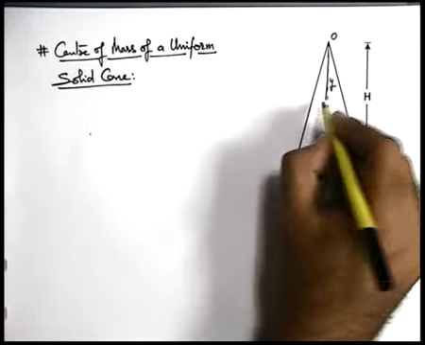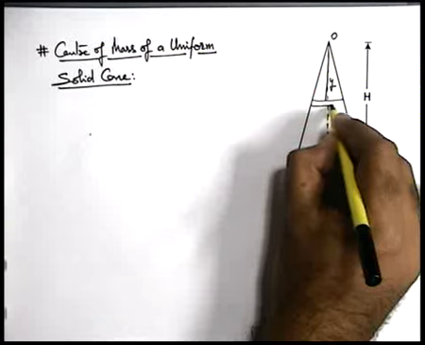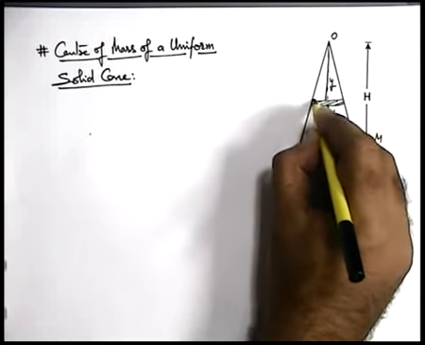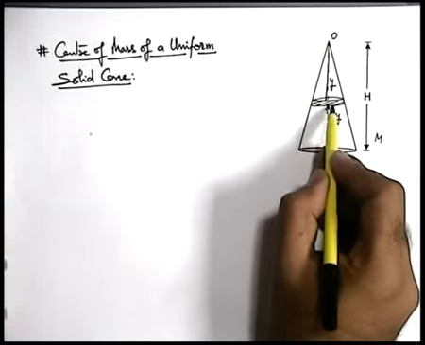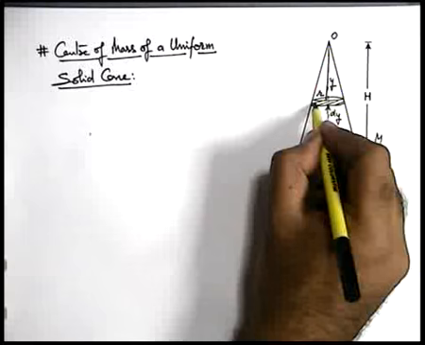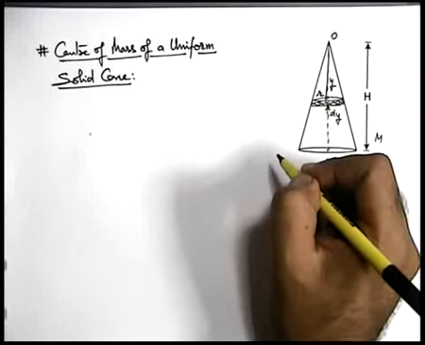Again, like a hollow cone, we consider a reference point at the vertex, and at a depth y, we consider a disk of width dy. Now, if we consider a disk of width dy, say with radius r, we can easily find its mass.